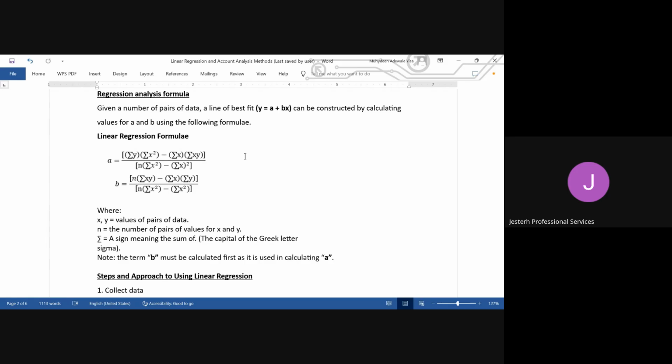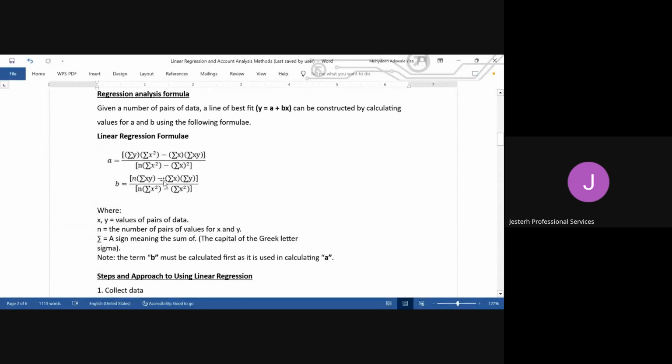That is where we need to pay more attention when we start the calculation, so that when we are summing, we should not allow it to confuse us. The most important thing is to pay attention to this and know how each of these formulas is applied when we are calculating.